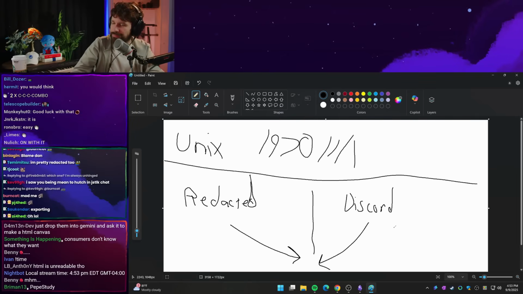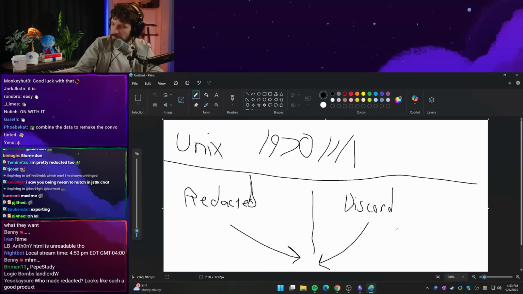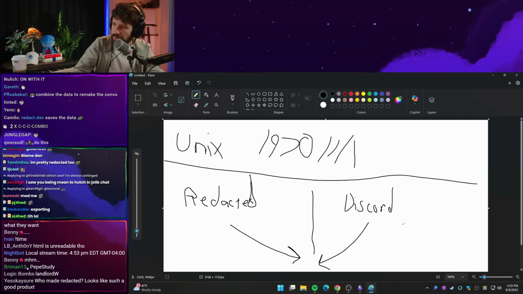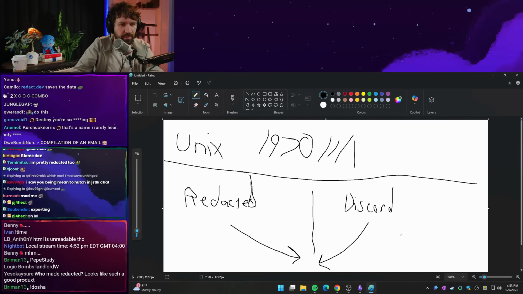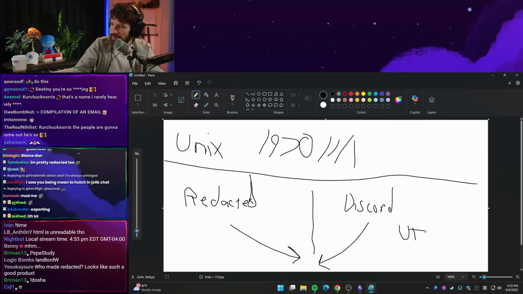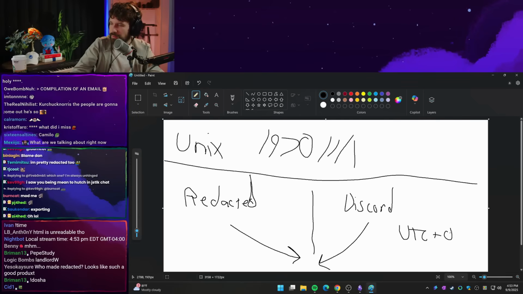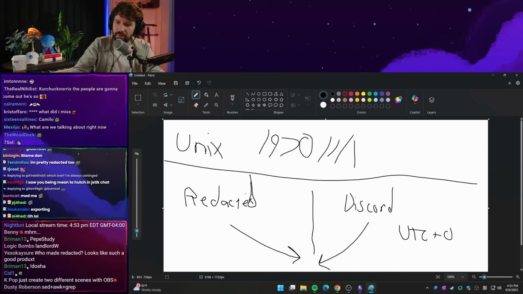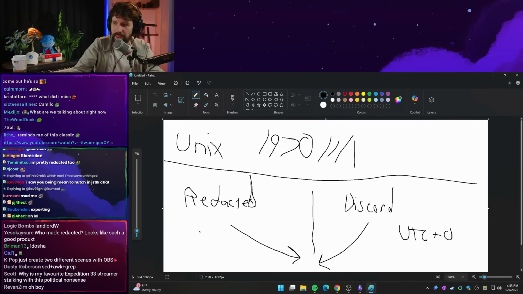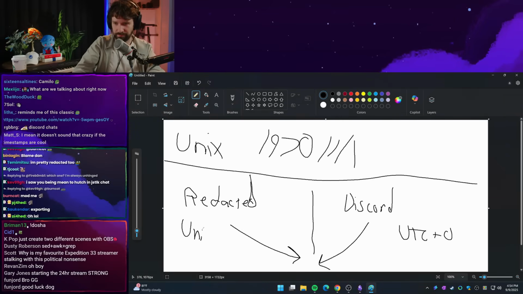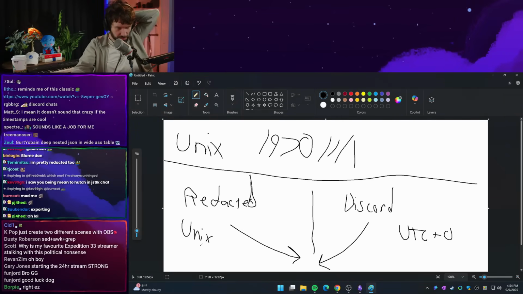Discord outputs using a program called Discord Chat Exporter, I think, and I can set it to output in UTC plus 0. Then I have Redacted, and it outputs in Unix time. Okay, easy.